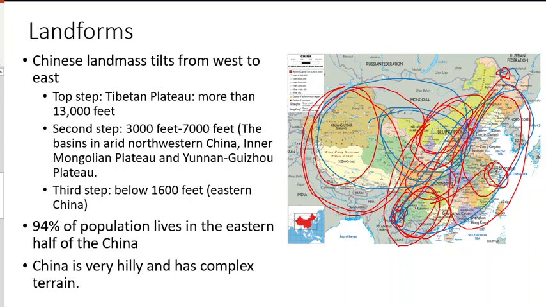However, that's not the case in China. The flat area is actually located in the north of China. That's why the north of China had the earliest really good economy, at the beginning of the economy. It has relatively flat land, and the rest of China is very hilly.